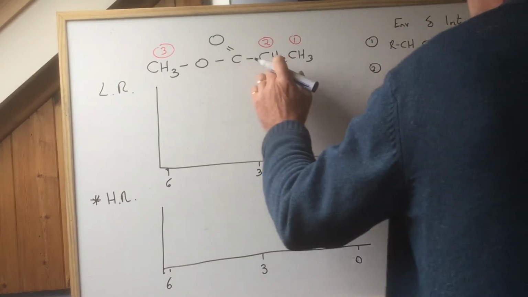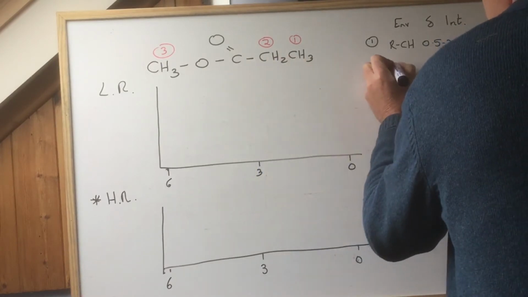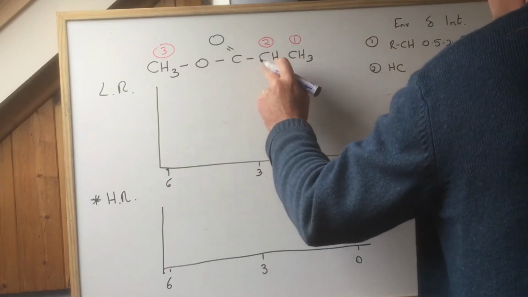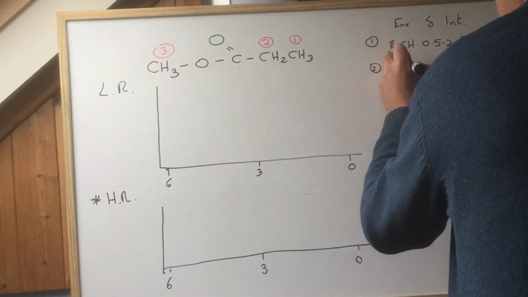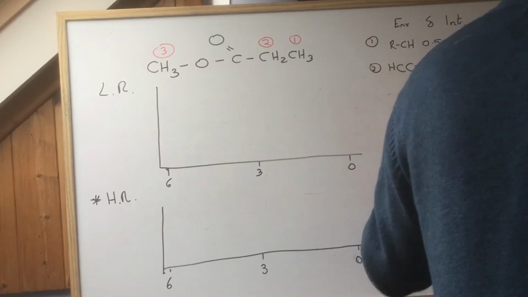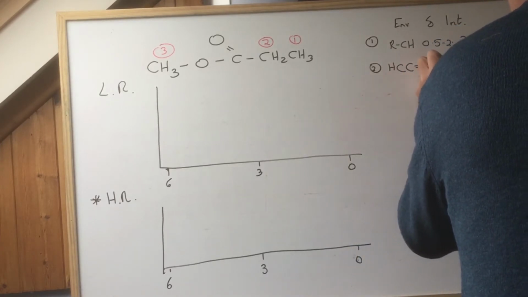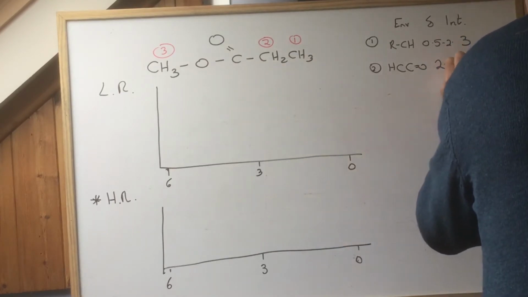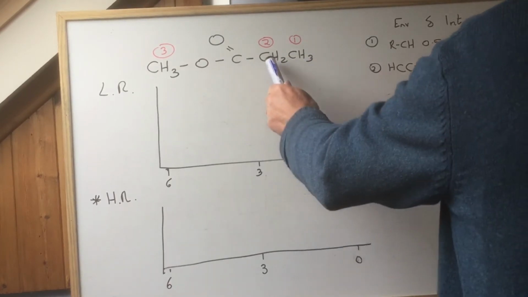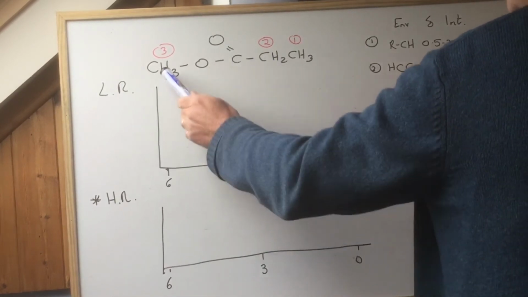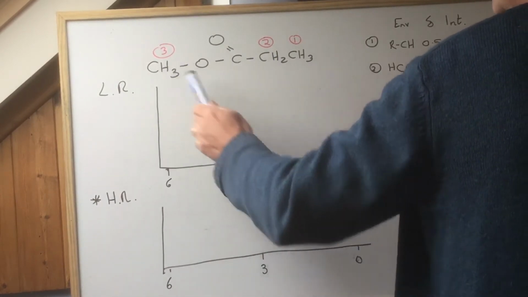That is this H joined to a C, joined to another C, double bond O. Chemical shift on that, 2 to 3. How many in that environment? 2. H is joined to a C, joined to a C, double bond O. Last but not least, number 3.